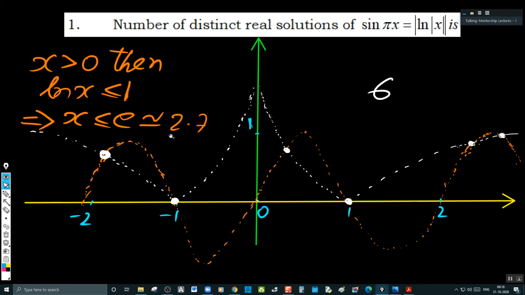That means between 2 and 3 it is less than 1. 1 is the maximum value for sine, and we have taken in the beginning itself less than or equal to 1. That means the graph will be below 1. 1 is the peak point here.